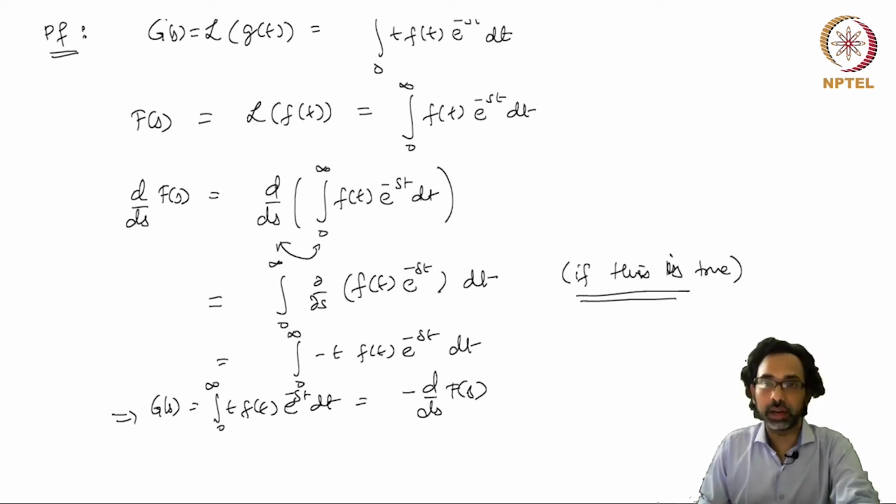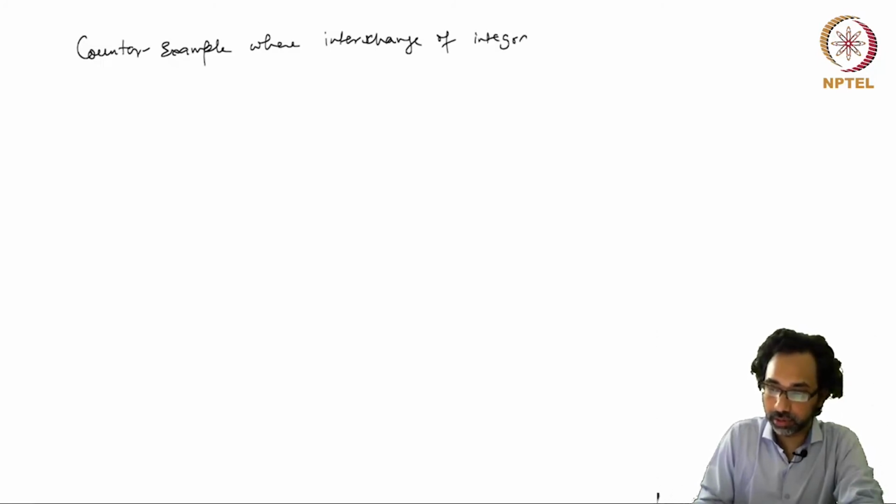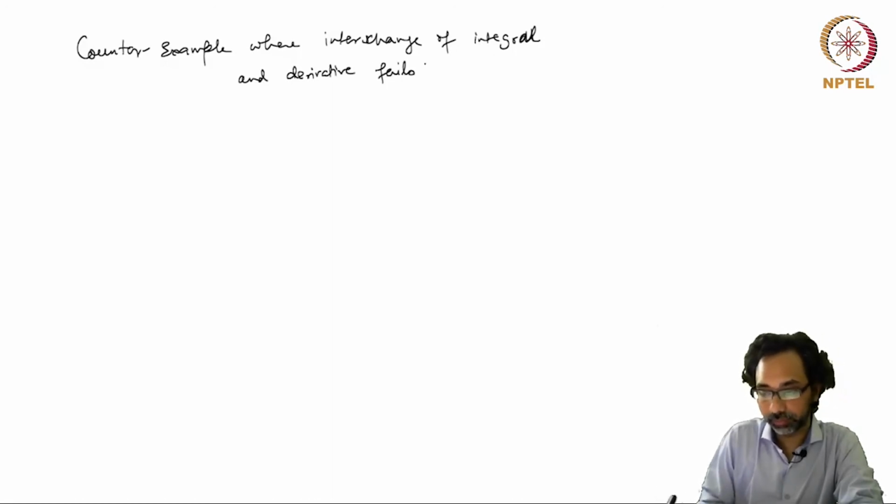If time permits, I will write down a sufficient condition under which integral and derivative can be interchanged. Note that one can easily give a counterexample where interchange of integral and derivative fails.